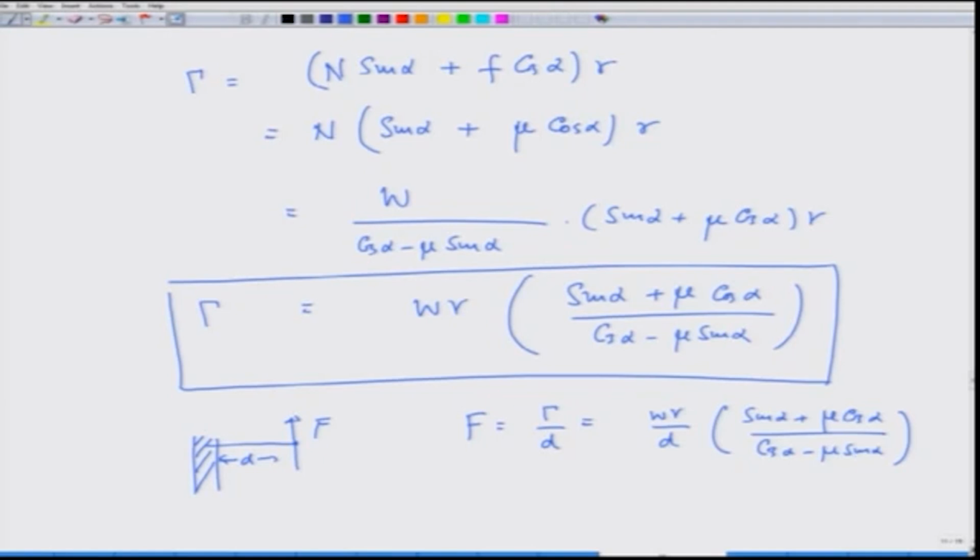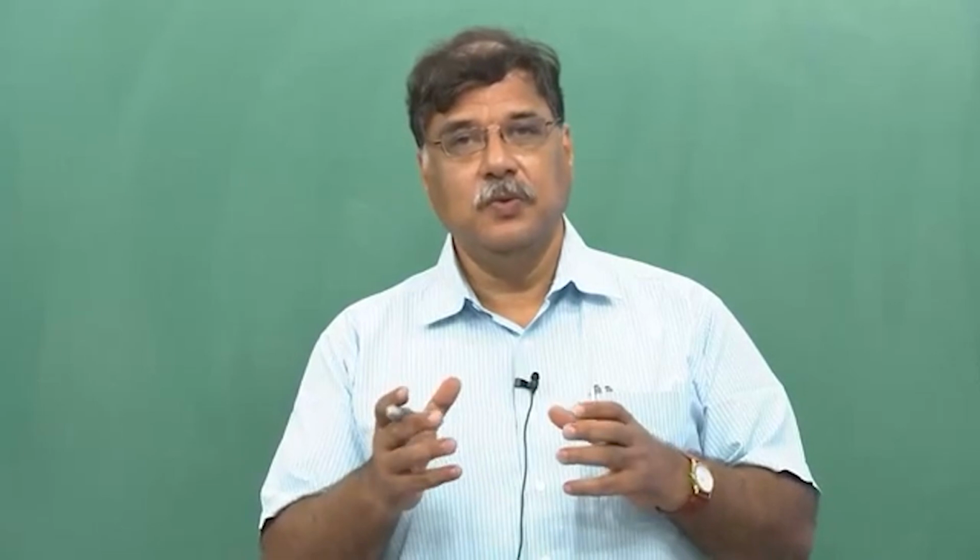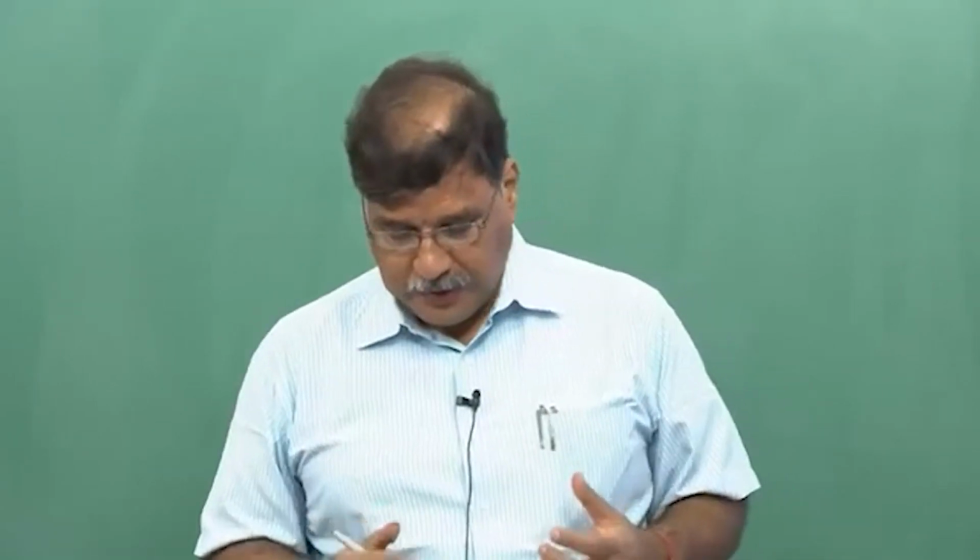You can see if the frictional coefficient was 0, then the torque required or the force required would be less, but then we cannot have mu to be 0, because in that case the screw will slip back, and therefore mu is necessary there.